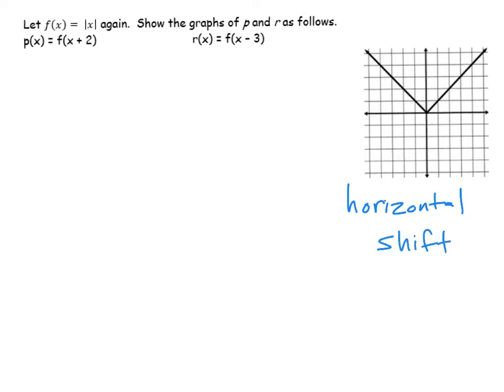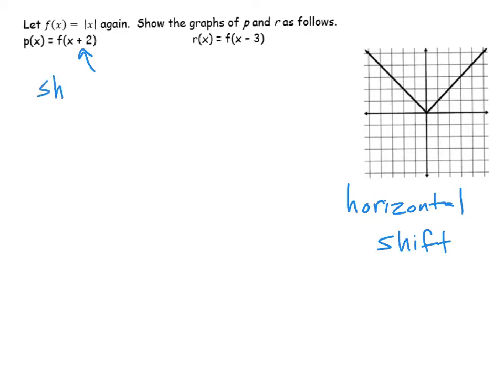Still sticking with the absolute value graph, f is still just the absolute value of x, okay? If the addition is in parentheses, specifically paired with the x variable, notice how the +2 is in the parentheses of f of x, not just at the end like it was in the slide before. The effect is that the graph is going to shift from side to side, not up and down. We call it a horizontal shift.